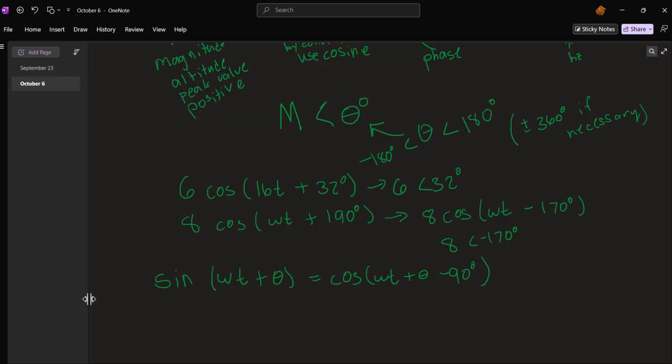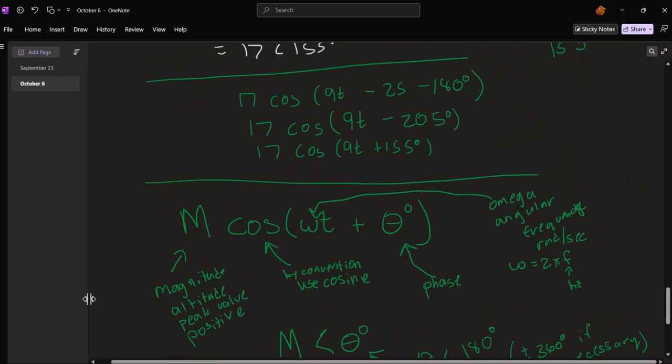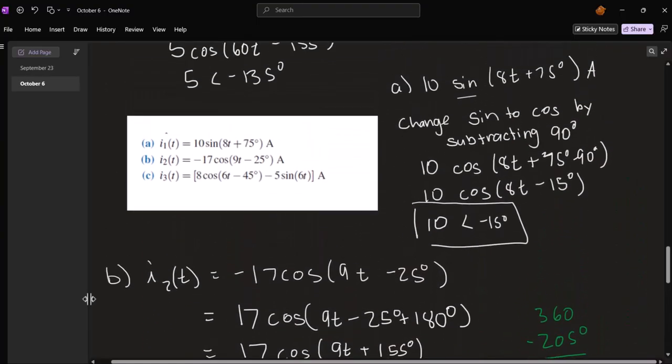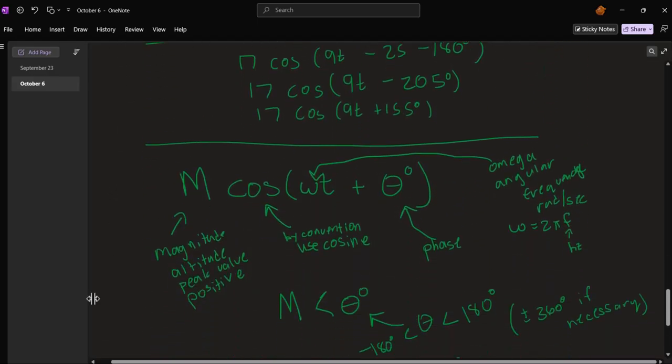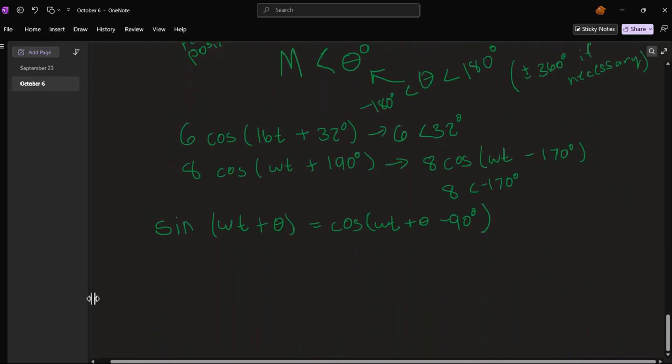The first example we did was a sine. We had 10 sine 8t plus 75 degrees. We subtracted 90 from it to get 10 cosine 8t minus 15 degrees, and that'd be 10 angle negative 15 degrees.